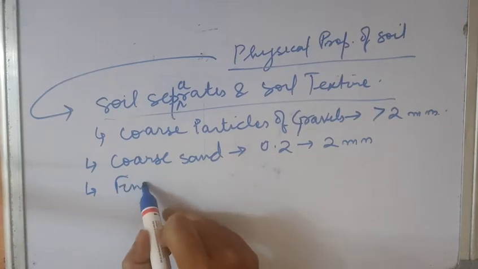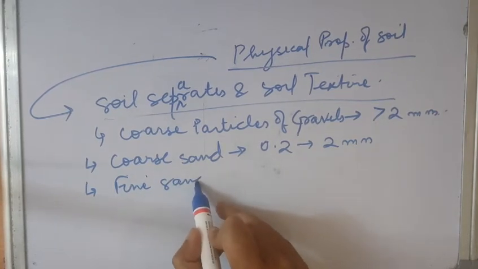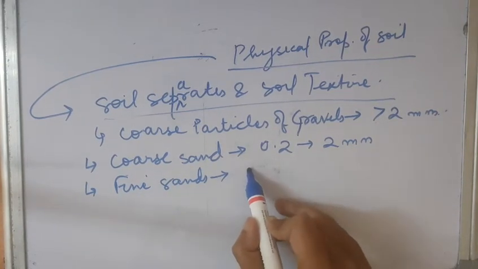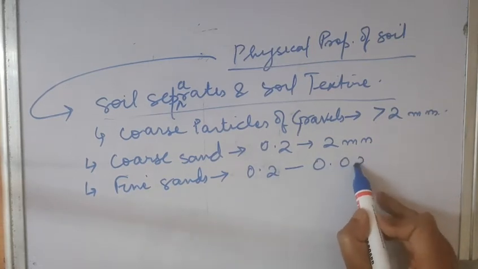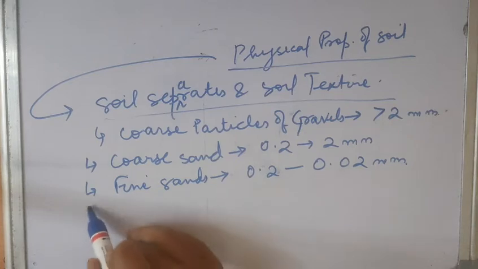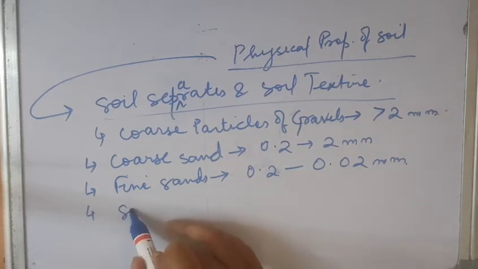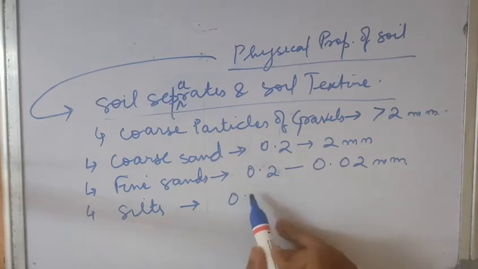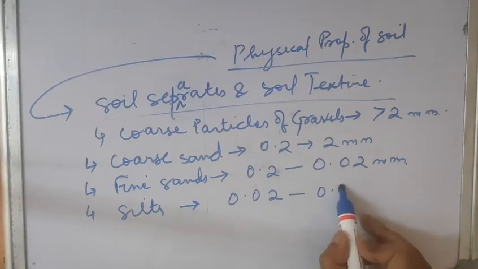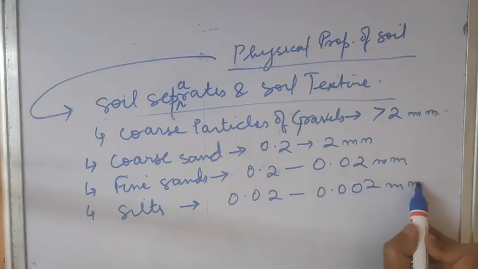Then fine sands, that is 0.2 to 0.02 mm. Then we have silts, that is 0.02 to 0.002 mm.